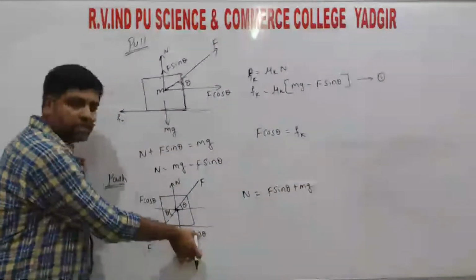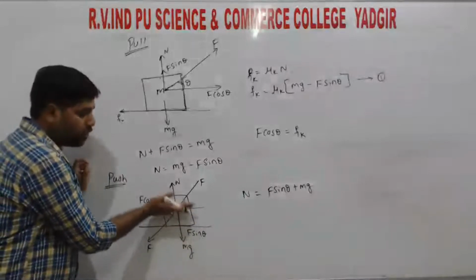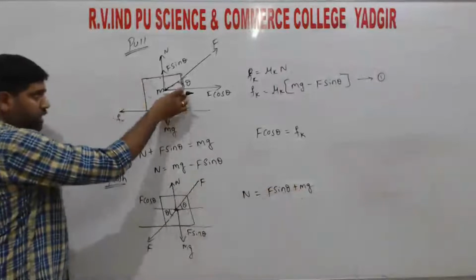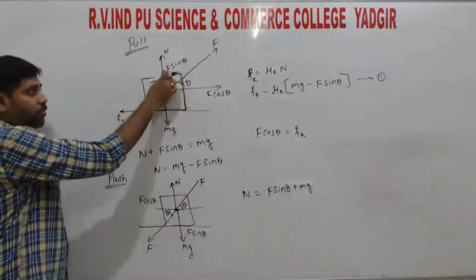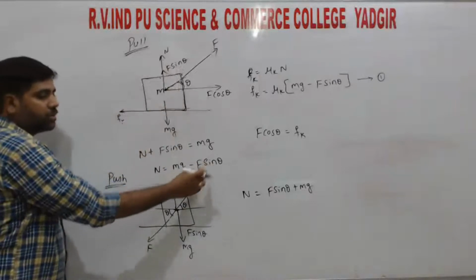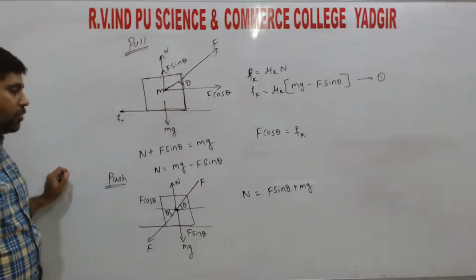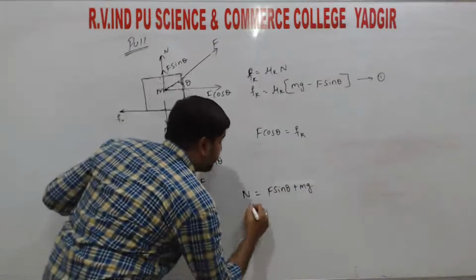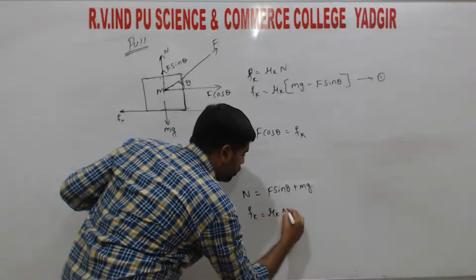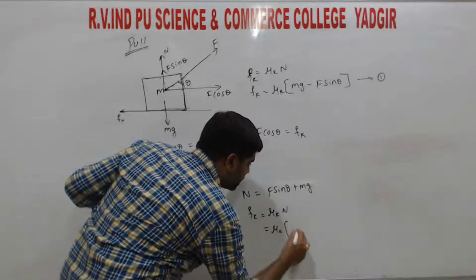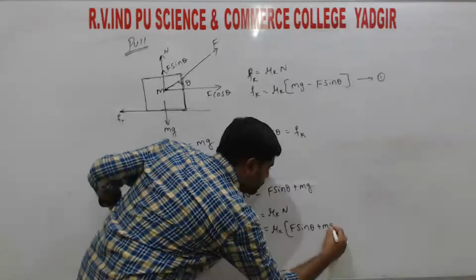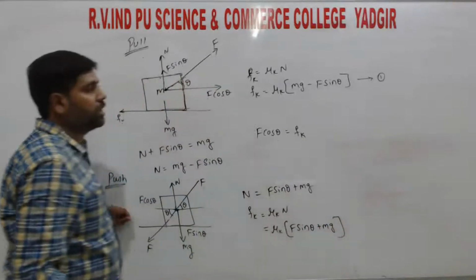Both these forces act downwards, so we added them. So n equals f sin theta plus mg. Again from the kinetic friction formula, fk is equal to mu k into n, so the formula becomes mu k into f sin theta plus mg, right?